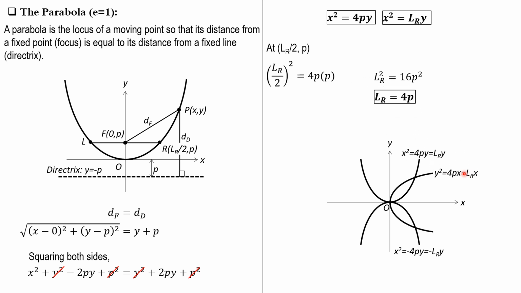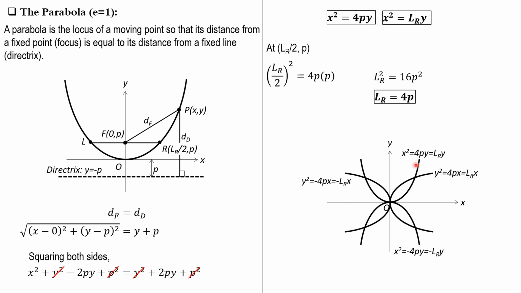And if it is open to the left, then it is y squared equals negative 4p times x, or y squared equals negative LR times x. So that's it. I hope that you are familiar with the parabola open upward, x squared equals 4p times y, and I hope that you can write the rest of the other parabolas.